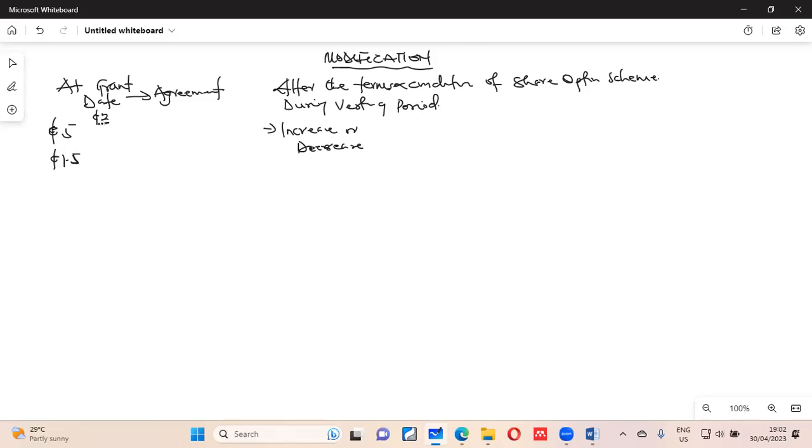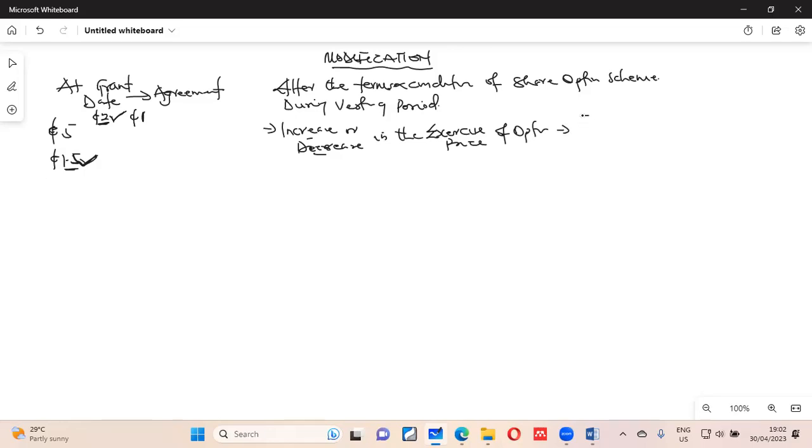All right, so this exercise price, you see, at this point, if somebody exercises this thing when the market price is at this 1.5, the person is making a loss. And so they increase or decrease the exercise price of the option. So like this one, they know that, okay, since the market value is just 1.5, let's now decrease our exercise price to 1 so that it will be favorable.